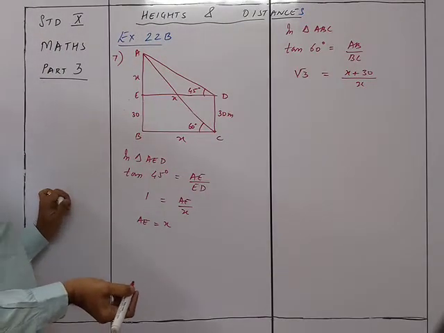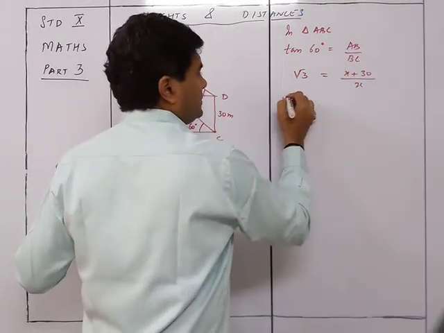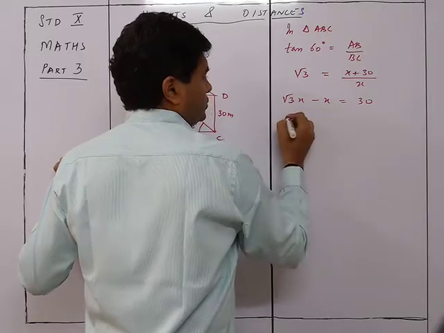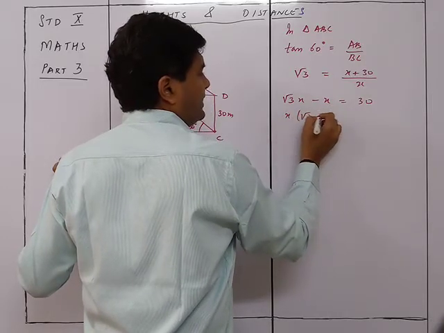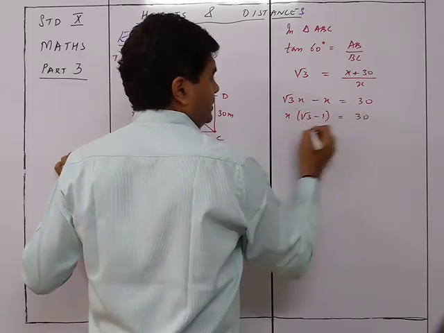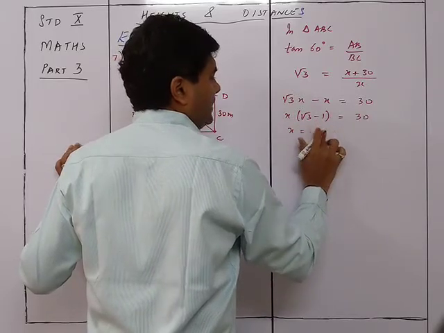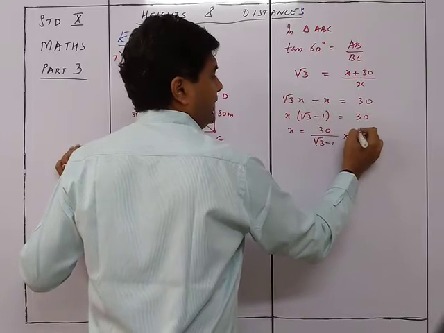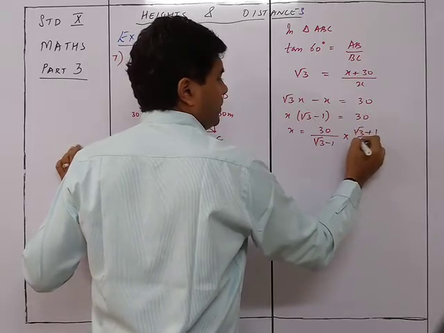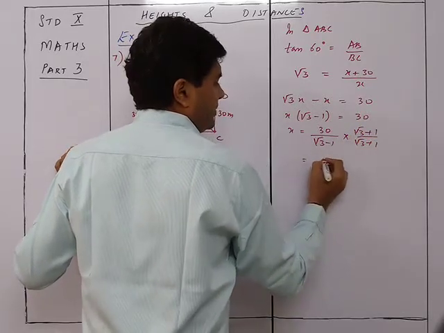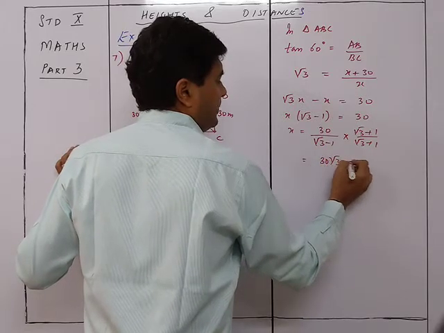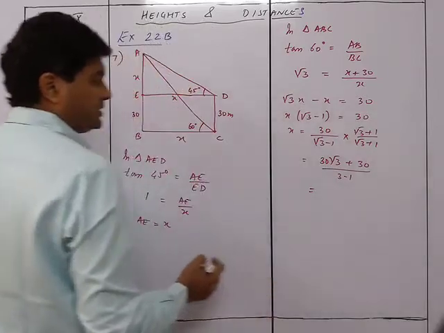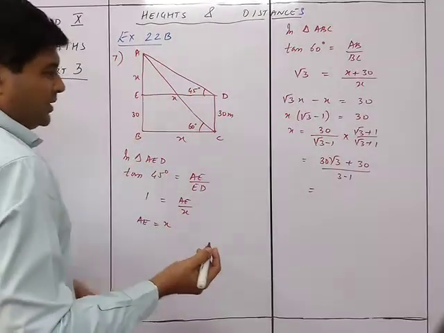Okay. So this gives me root 3 x minus x is equal to 30. So x into root 3 minus 1 is equal to 30. So x is equal to 30 upon root 3 minus 1, into root 3 plus 1 upon root 3 plus 1. That will be 30 root 3 plus 30 upon 3 minus 1. 30 root 3, we had done the calculation earlier but I don't remember it.